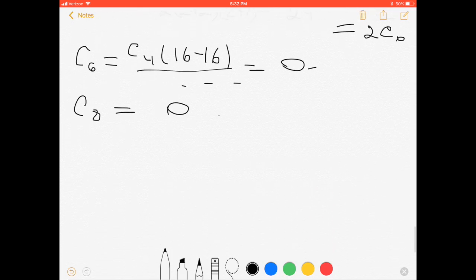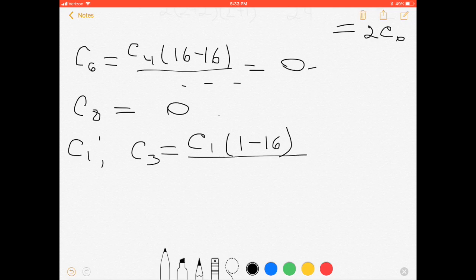What happens if you have C1? This means we have some C1. What will be C3? C3 will be C1 times (1 minus 16) divided by twice (1 plus 2)(1 plus 1).